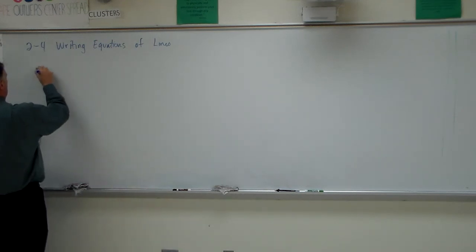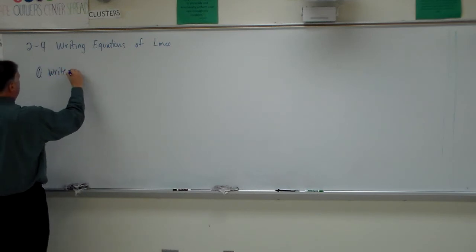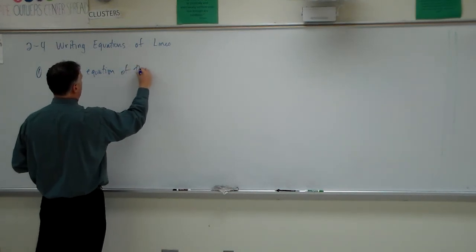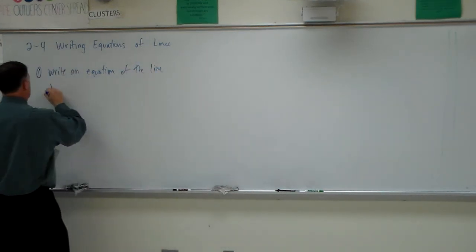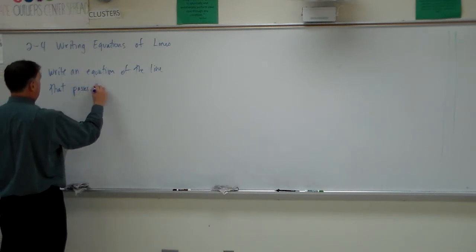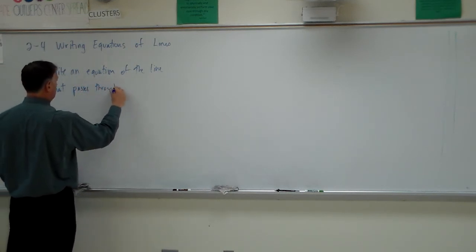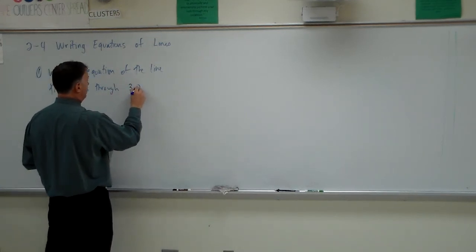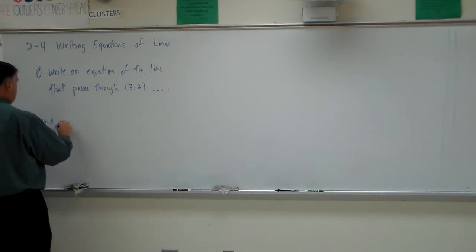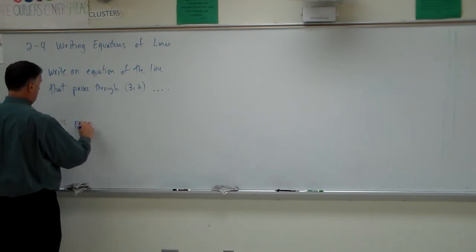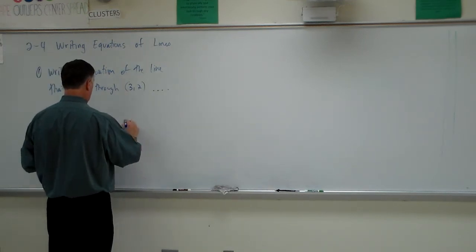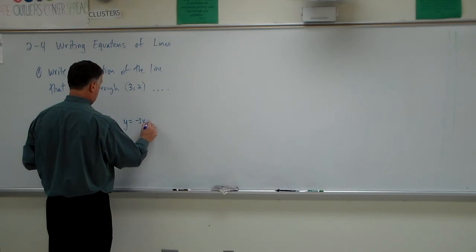Two problems. Number one, write an equation of the line that passes through 3, 2, and is parallel to y equals negative 3x plus 2.